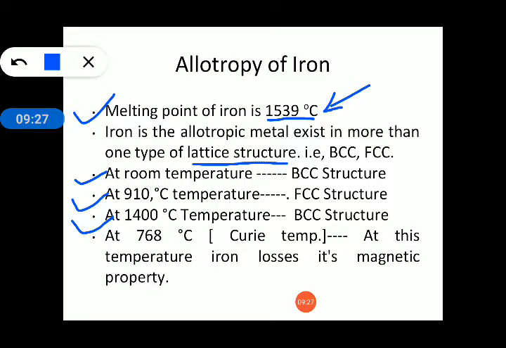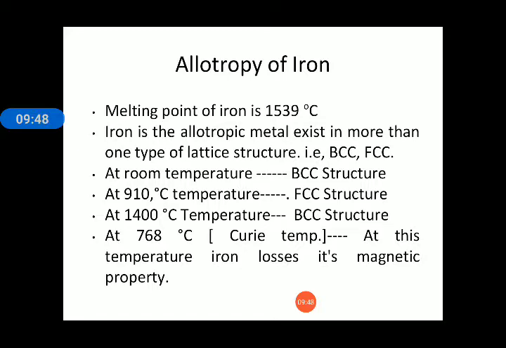And at the Curie temperature, 768 degree centigrade, iron loses its magnetic property. Above the Curie point, 768 degree centigrade, it loses its magnetic property. So this is the allotropy of iron.